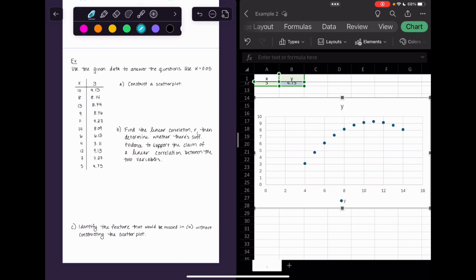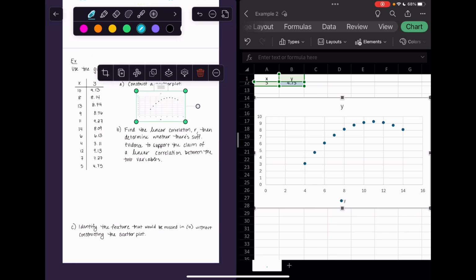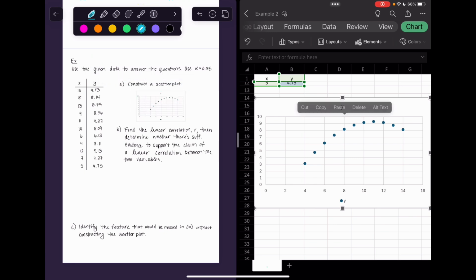It's putting the bubbles from the green inside my scatter plot. So you can look here and we get kind of a curve, so it doesn't really look like there's a linear correlation between the two, but there is some kind of correlation, okay? So that would be our scatter plot. I'll go ahead and add this into my image, but here is my scatter plot.